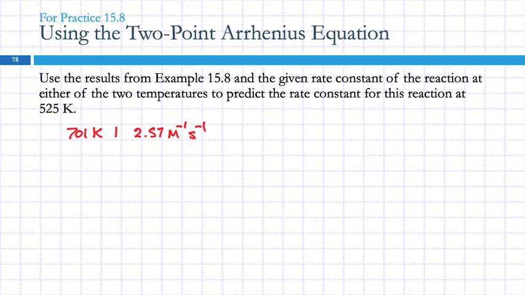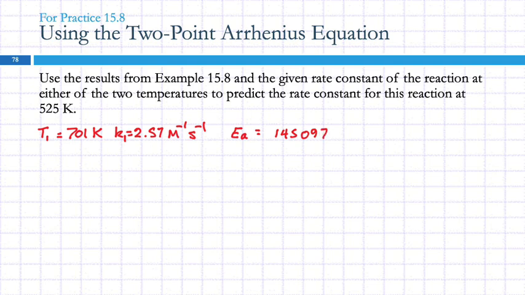So this is K, call it K1, and this is T1, and then I still have the value in my calculator. We're going to need joules per mole in the calculation, and so I'm just going to pull that number from my calculator, and I'm going to have some extra digits here.